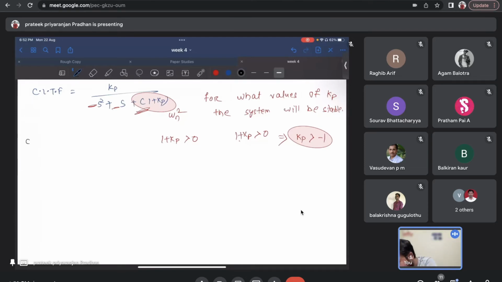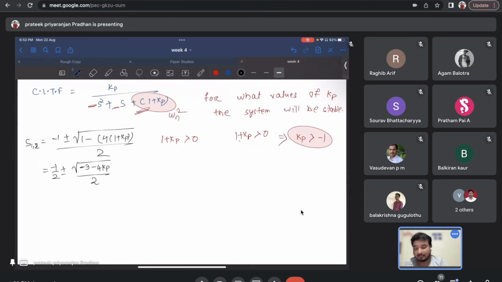So S1, S2, both poles, are minus 1 plus or minus root over 1 minus 4 into 1 plus Kp, this whole divided by 2. So this is minus 1 by 2 plus or minus root over minus 3 minus 4 Kp, divided by 2.